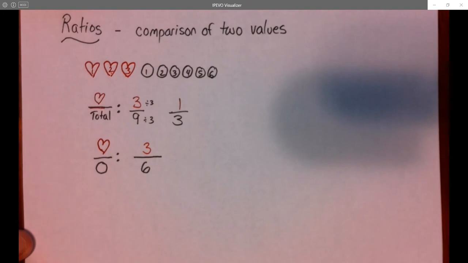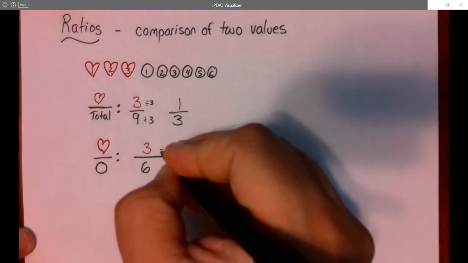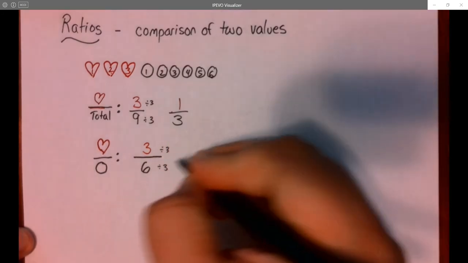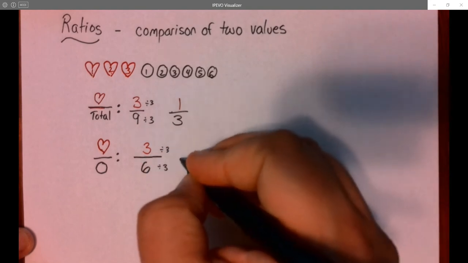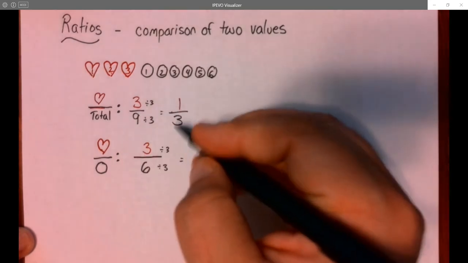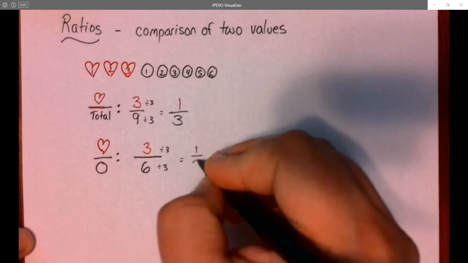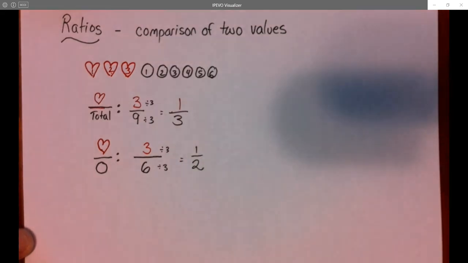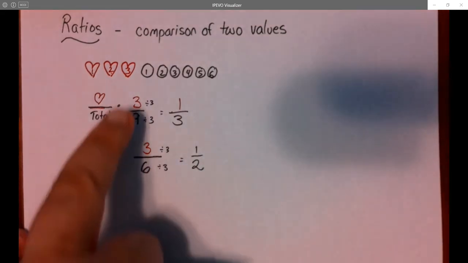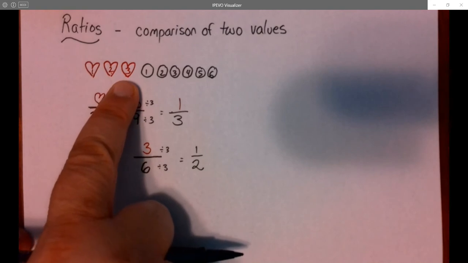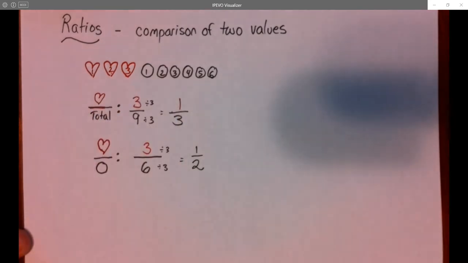So for every 3 hearts, I have 6 circles. And again, we can simplify this. Divide by 3 on the top and bottom. It has a common factor, which will leave us with 1/2. So that means that for every 1 heart, I have 2 circles, which makes sense, right?